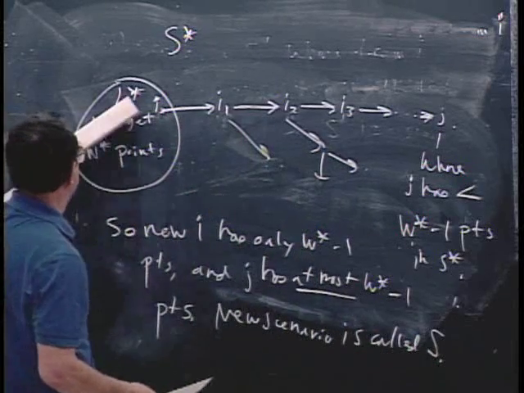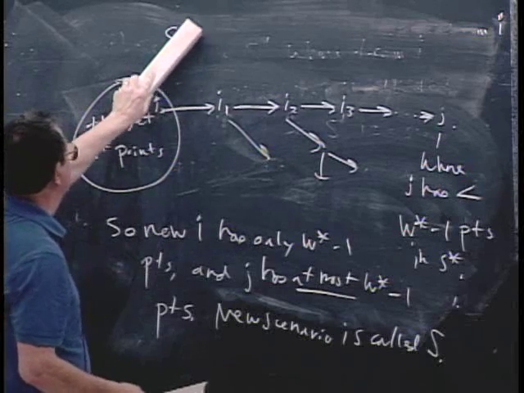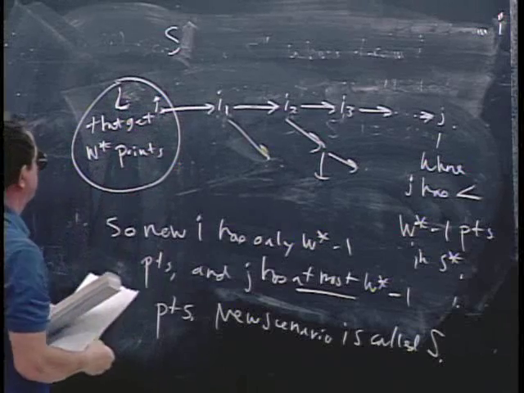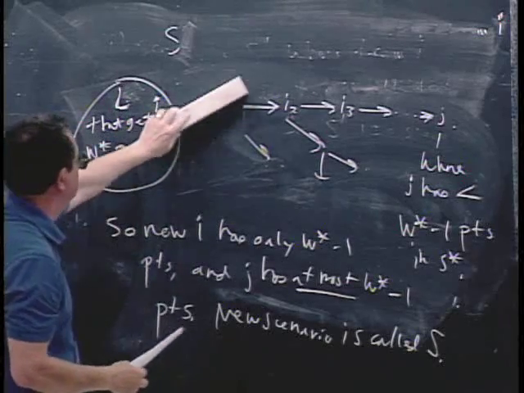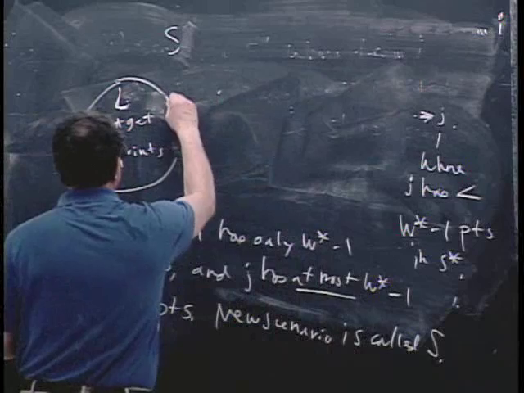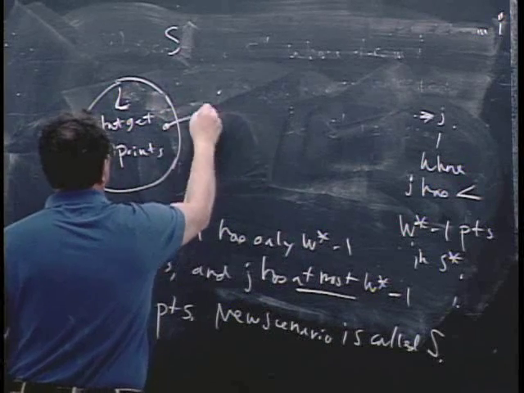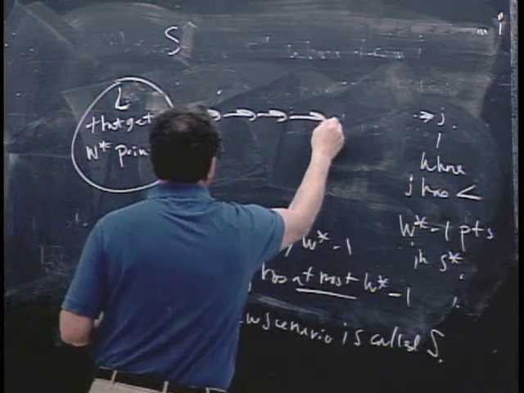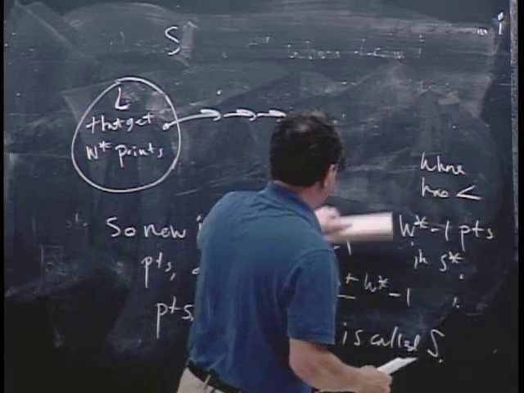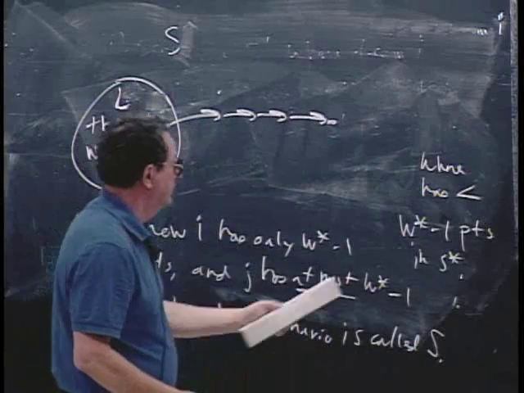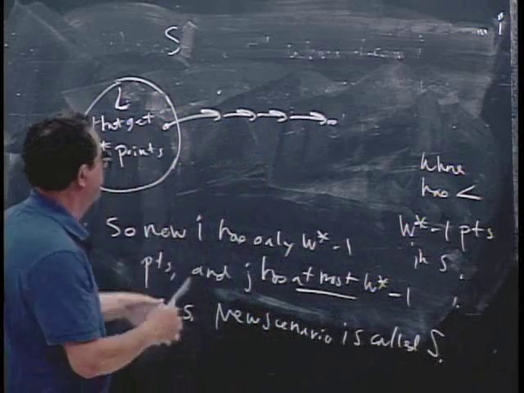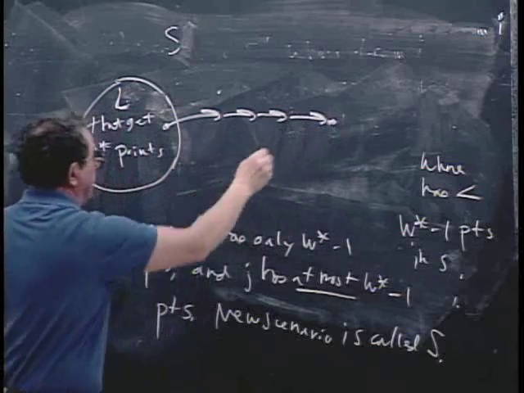So here's L, here's S. This is still the set that gets W star points, and we still look. I is no longer in there. We would look for another element where there's a chain to something where this element has fewer than W star minus 1 points in the scenario S. And then if we find it, then we'll do this reversal.